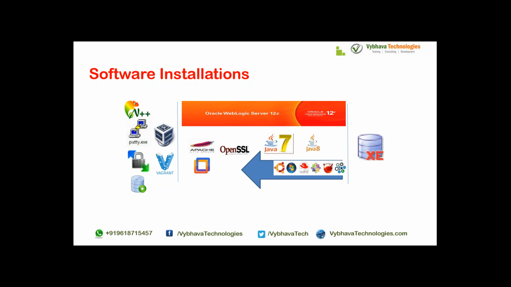VMware is also one of the options, but I don't prefer it because the screen is not much bigger, and there are a lot of complexities in configuring VMware. VMware is not open source. Oracle VirtualBox is open source, freely available. Vagrant is also freely available, open source. Okay.